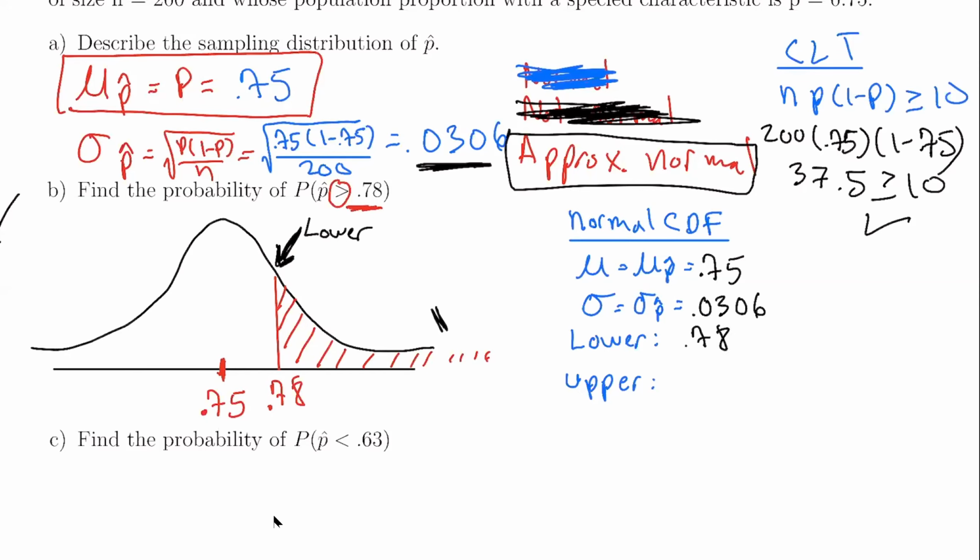For the highest value that possibly gets shaded, since this keeps going to the right-hand side, we say it's going to infinity. But just remember, your calculator doesn't have an option for infinity, so we're going to put 10 to the 10 power. Any questions so far on what I enter for normal CDF?